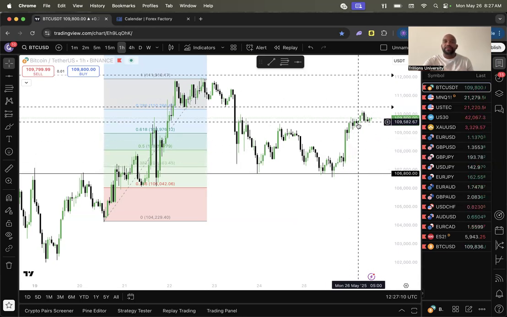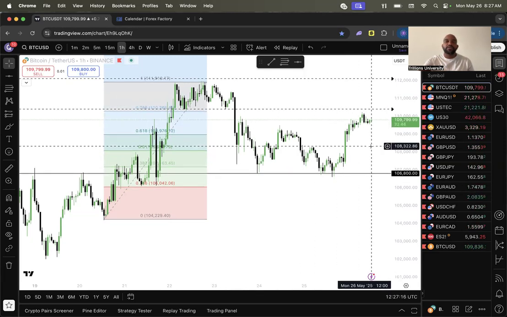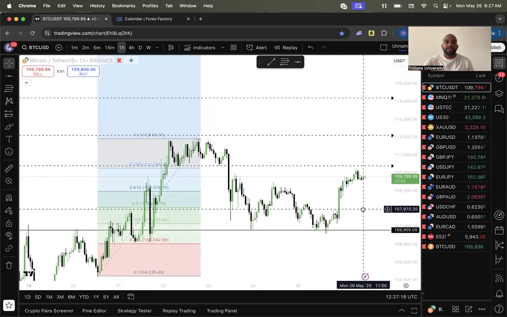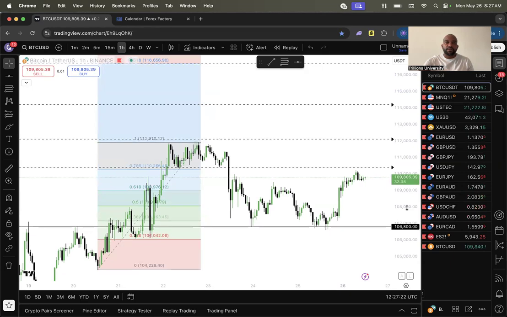Bang, bang, right? And then what the Fibonacci tool gives is extension levels. So the move is from 0 to 100. You note where the move started and where it ended.